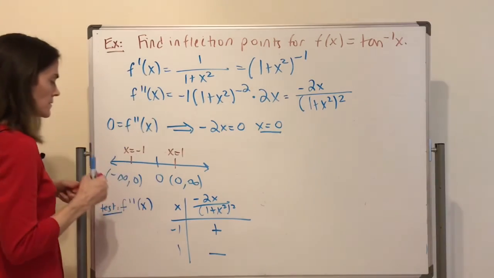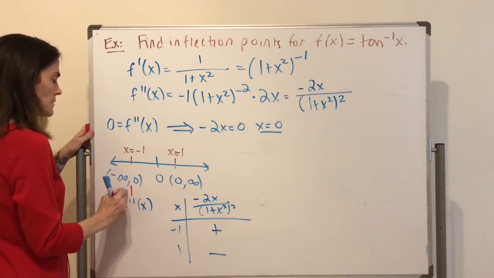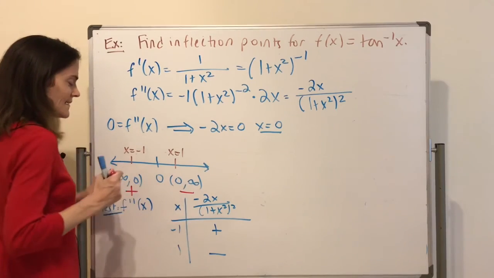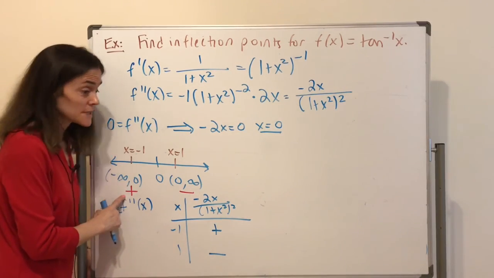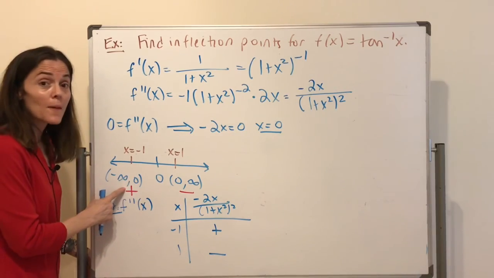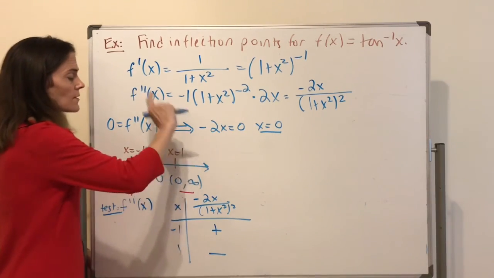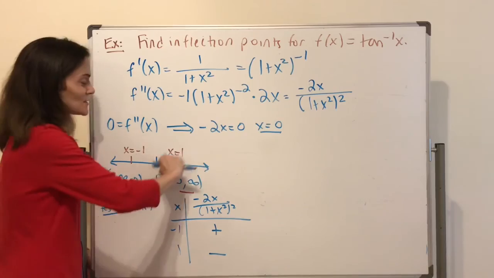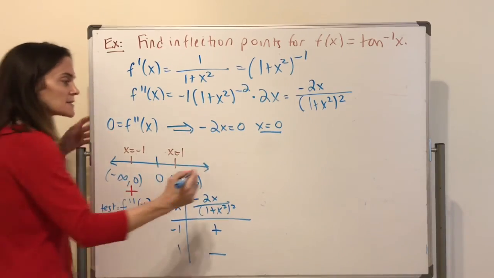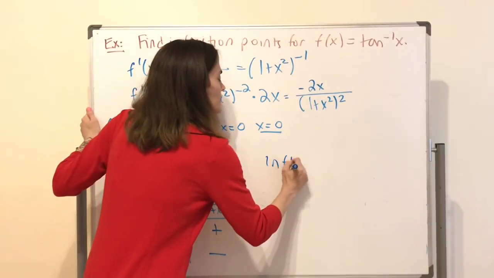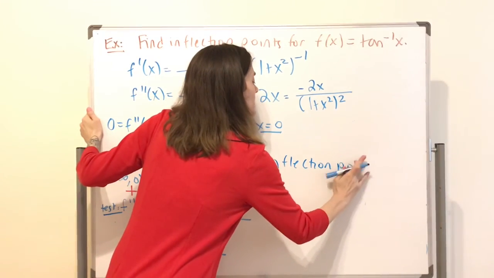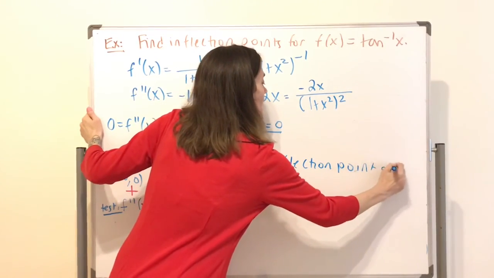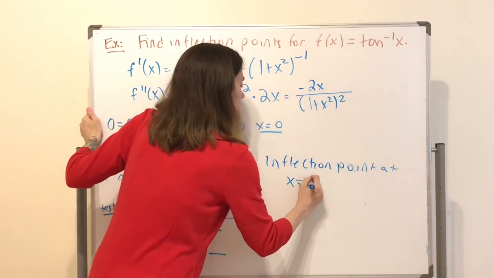So we have, okay, the graph of tan inverse is concave up to x equals 0. Then it switches to concave down. So we can conclude we have an inflection point at x equals 0.